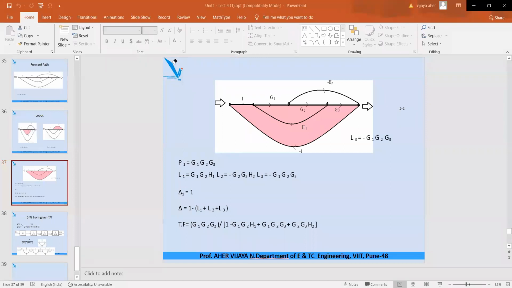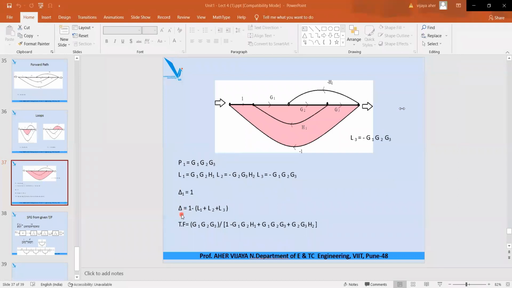Okay. Now coming to the parameters that is used in Mason gain equation. So P1 is equal to this G1, G2, G3. L1 is equal to this equation. L2 is equal to this equation. L3 is equal to this equation, right? Del 1 is equal to 1. Only one forward path. Okay. Del is equal to, I have calculated this del.